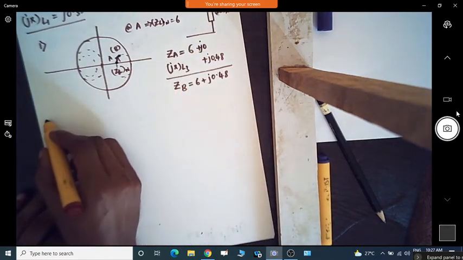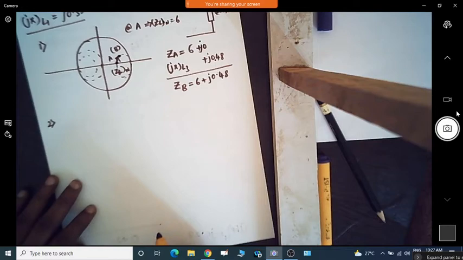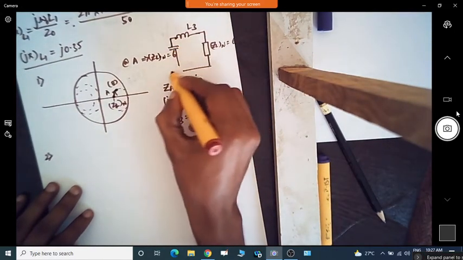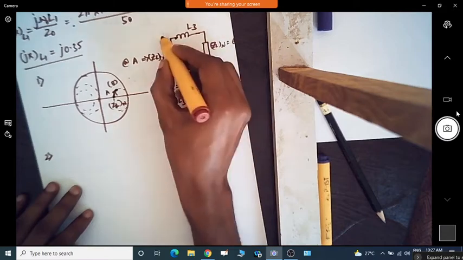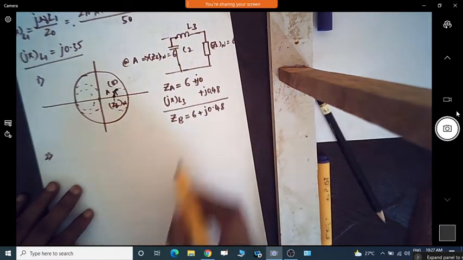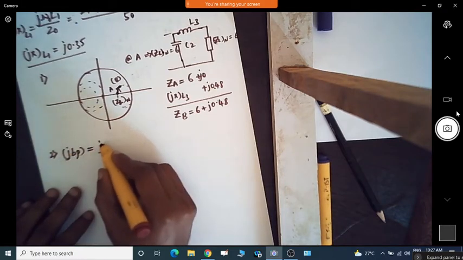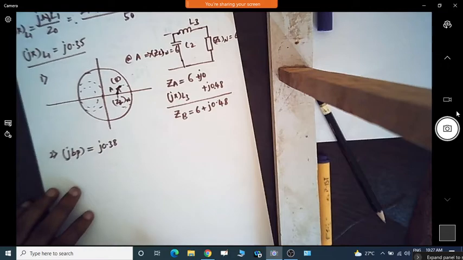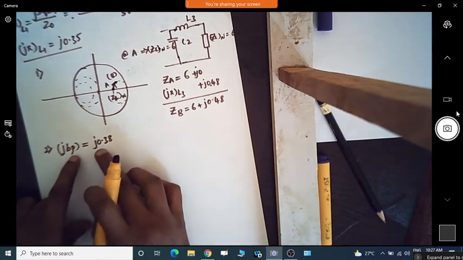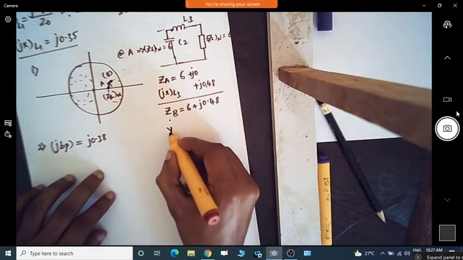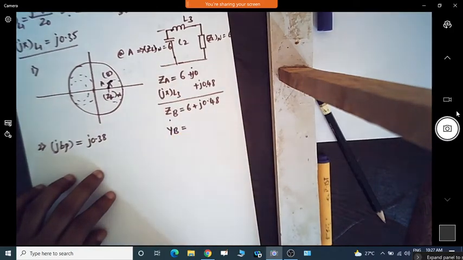Okay. Now in the second step, since we are adding the shunt capacitor C2, we know that the shunt capacitor offers a susceptance equal to j0.38. Since we are adding the susceptance at point B, first we need to find the admittance value.